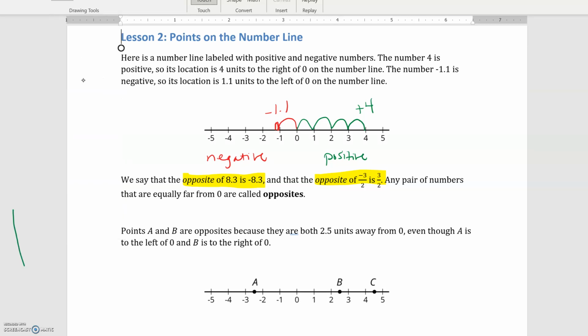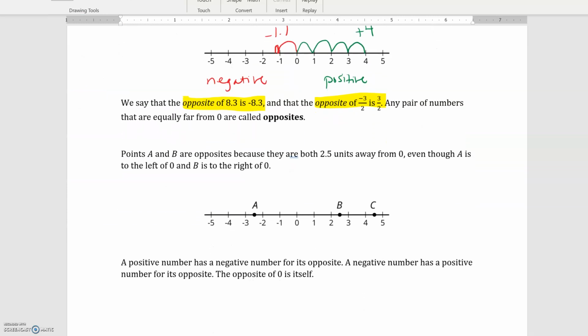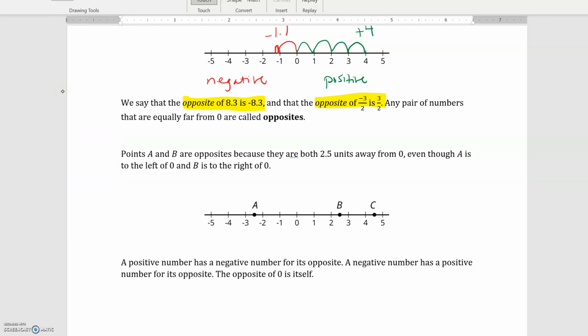So for example, in this next number line below, we see that points A and B are opposites because they are both 2 and 5/10 of a unit away from 0, even though A is to the left of 0 and B is to the right of 0. So to demonstrate that is the following. I see B is 2 and 5/10 and it's positive because it's 2 units and an extra 5/10 away from 0.